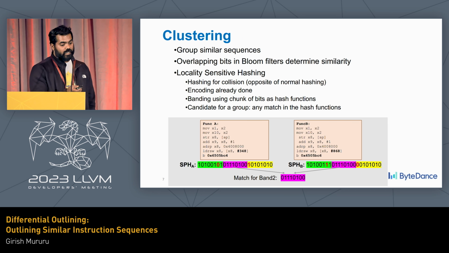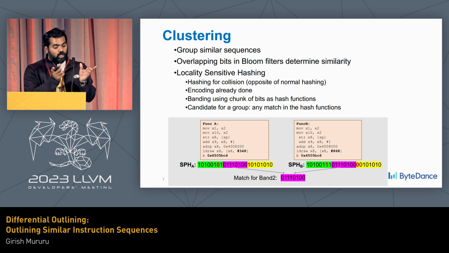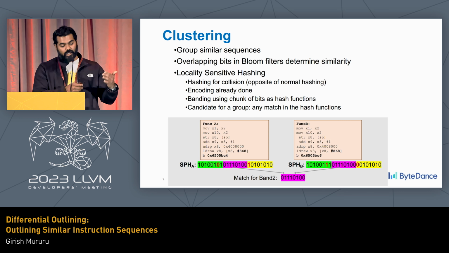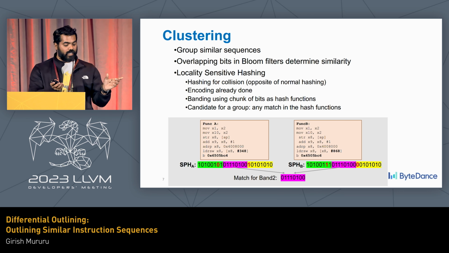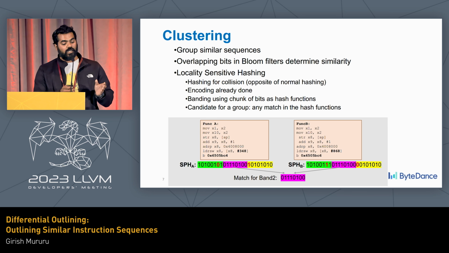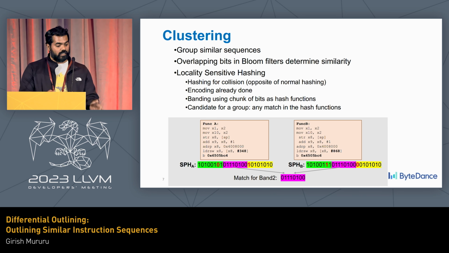And then we do clustering, where we use, since we know that the more bits that are common in these encodings, the closer the similarity is. We use locality sensitive hashing, where we use banding and basically divide the encoding into different parts, and then try to match at least one of these bands or divisions.